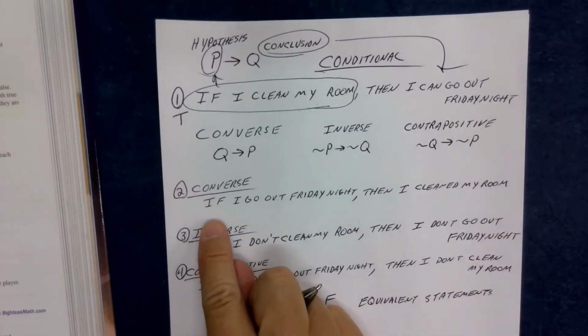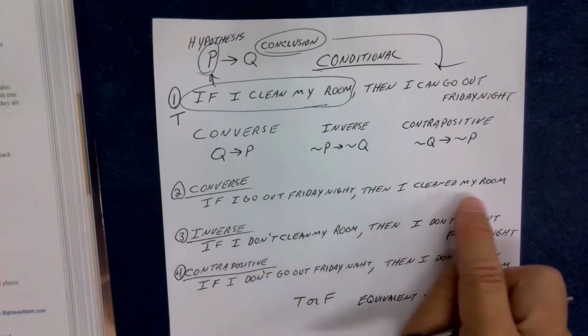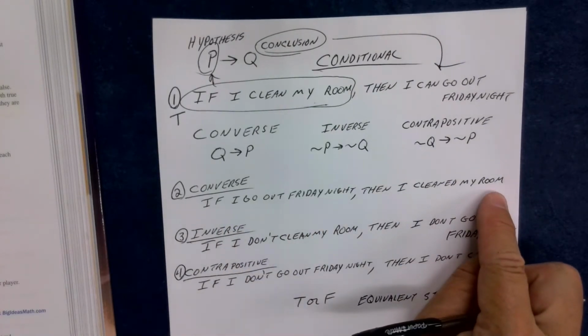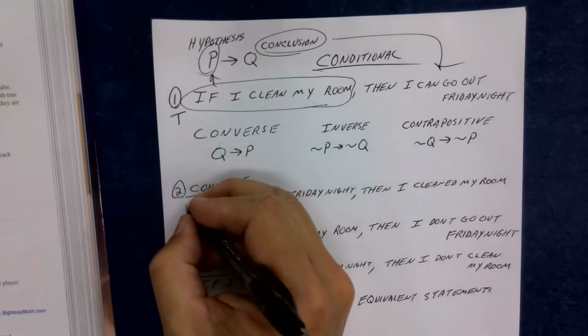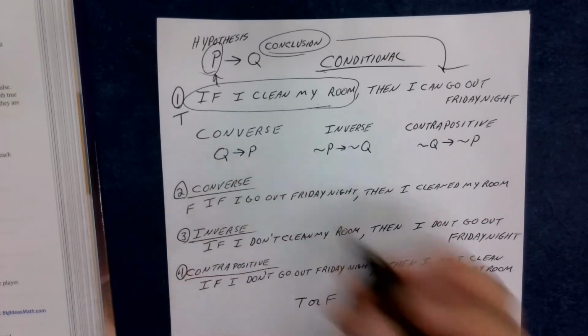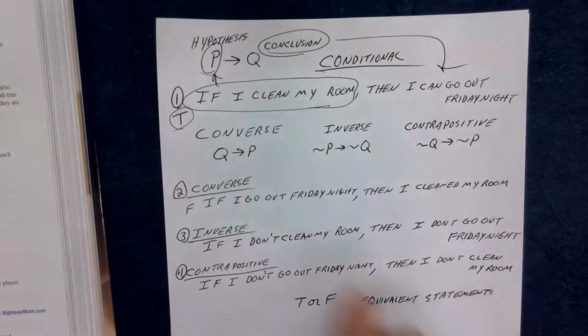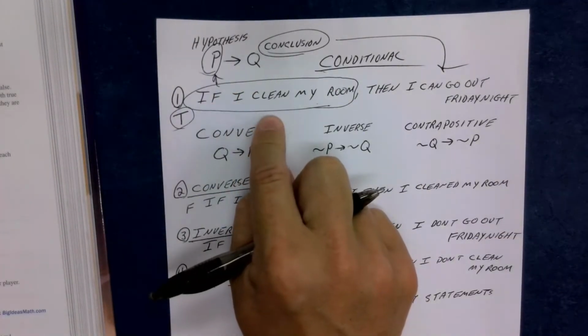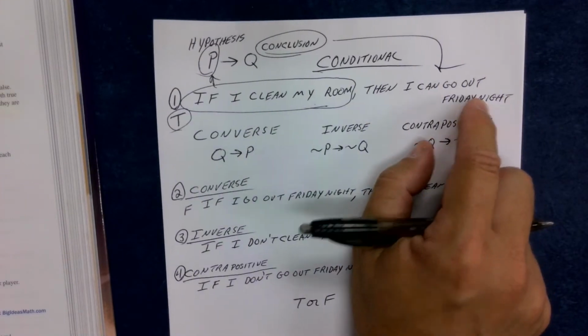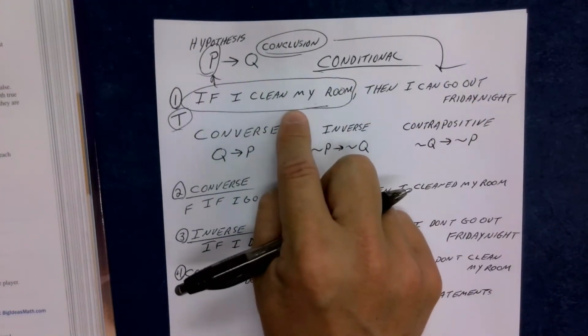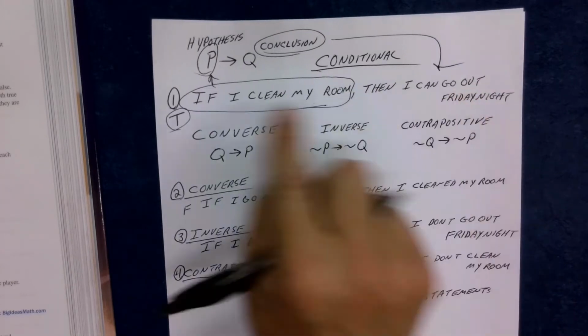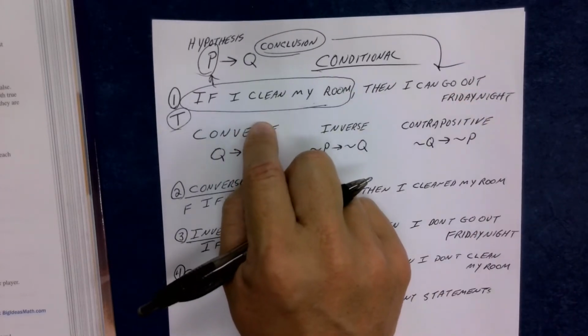Now, the second statement says, if I go out Friday night, then I clean my room. Well, I don't know that I can guarantee that. That actually might be false. I know that I get to go out if I clean my room, but there's nothing that says I couldn't go out on Friday night for some other reason. Maybe there are 6 different things that could have happened.